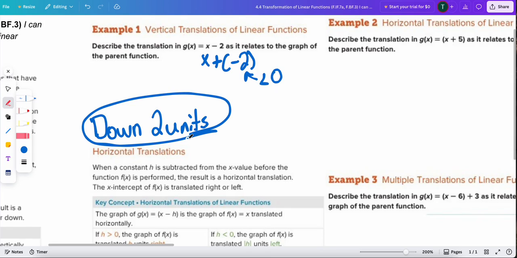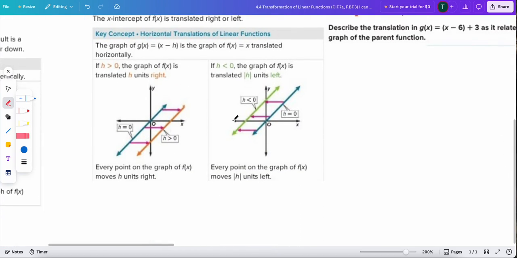The next part focuses on horizontal translations. It says when a constant h is subtracted from the x value before the function f of x is performed, the result is a horizontal translation. The x-intercept of f of x is translated right or left. If it's in parentheses like this, then it's going to be going left or right.